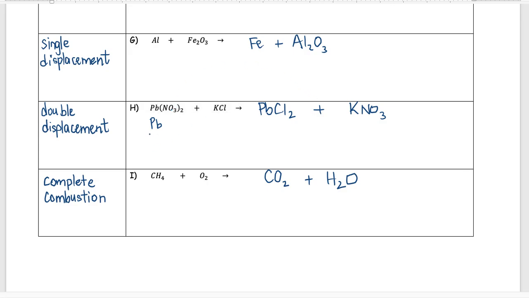So I'm going to keep NO3 together. Okay, so how many leads? 1, nitrates 2. Okay, and then we have potassium chloride. There we go, 1, 1. And then we have lead 2 chloride.